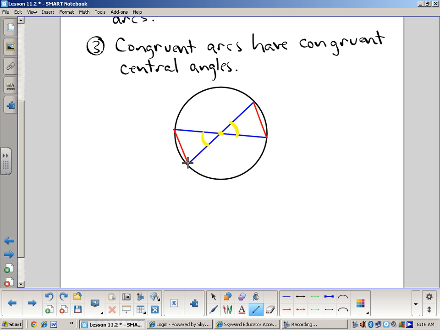It also means that this arc is equal to this arc. Okay? So if one of those three things is true, then the other two have to be true. That's what that theorem that we just wrote down was talking about.